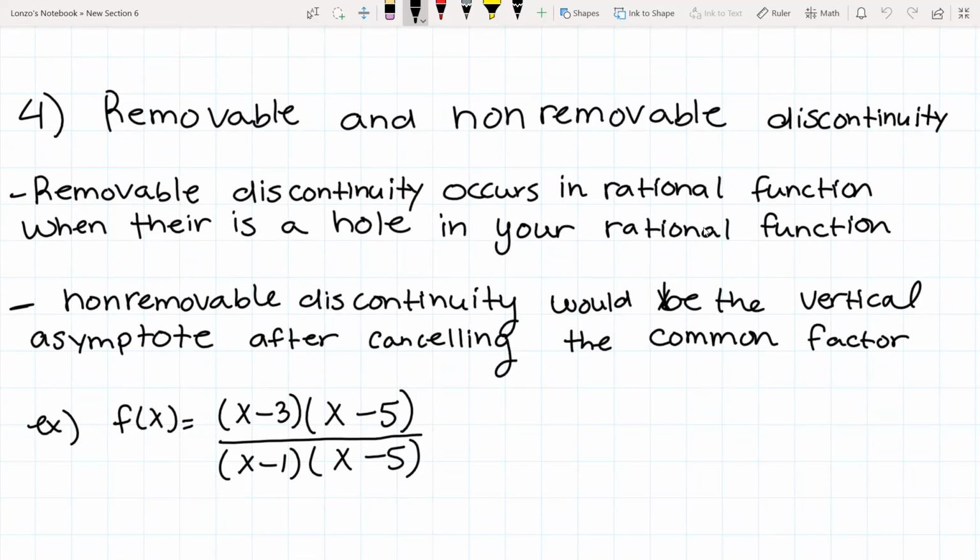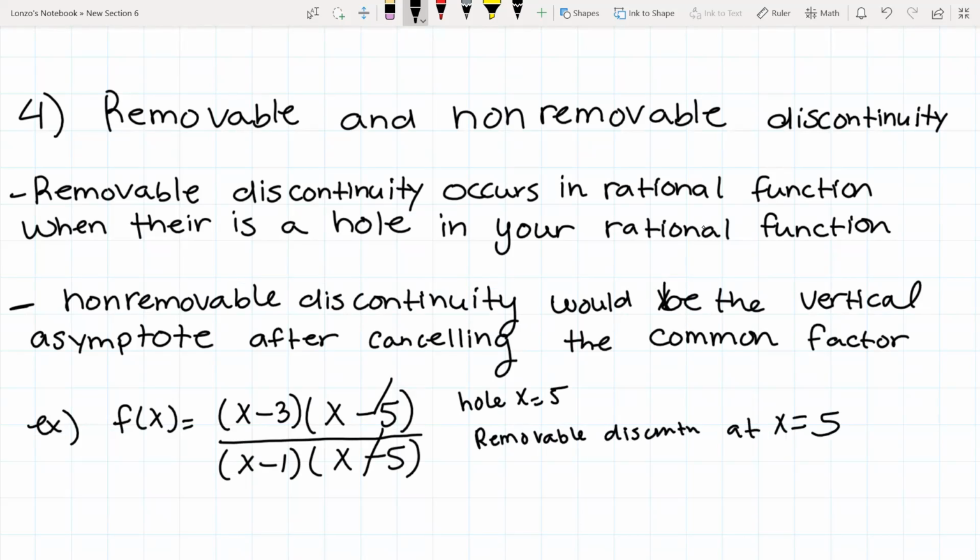So let's look at an example. We have f of x equals x minus 3 over x minus 1, all times x minus 5 over x minus 5. This is a rational function, and as you can see, the x minus 5's cancel. You have a hole at x equals 5, so you have a removable discontinuity at x equals positive 5.